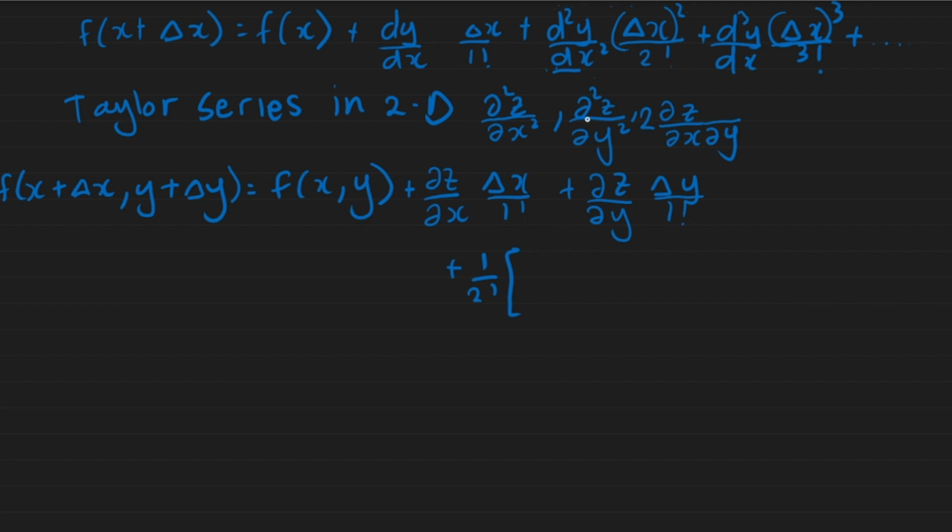We're going to have firstly the second derivative with respect to x. So it's going to be ∂²z/∂x² times delta x squared, plus this mixed partial, so there's 2 of them, 2 ∂²z/∂x∂y, multiplied by delta x delta y, and then lastly, plus ∂²z/∂y² delta y squared.